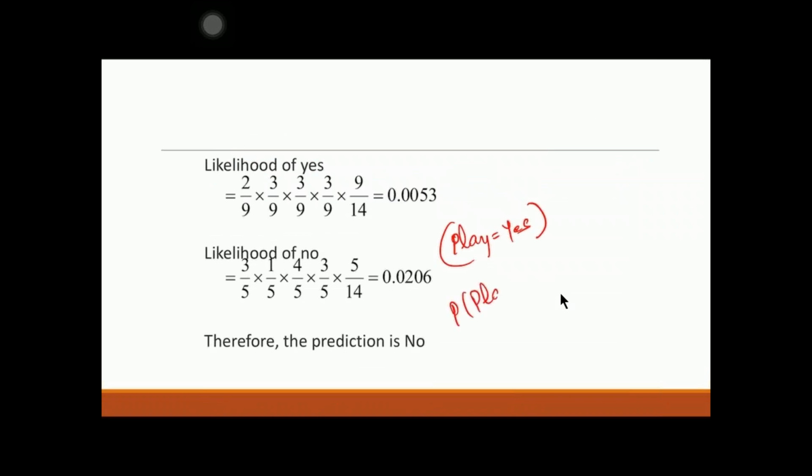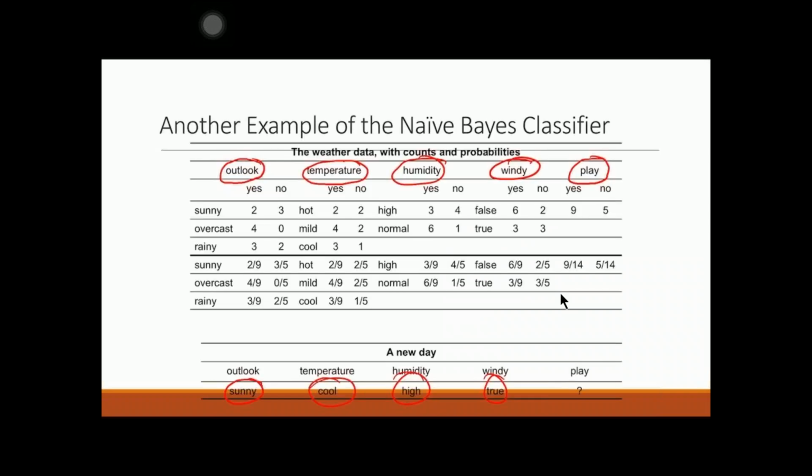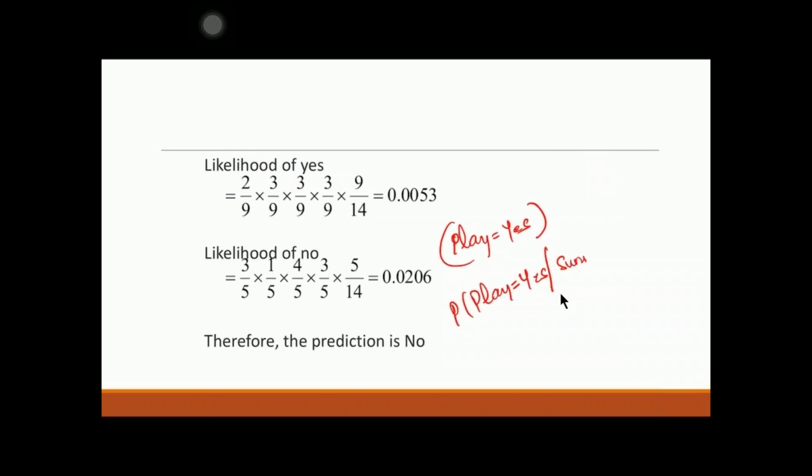So probability of play equal to yes given sunny, cool, high, true equals probability of sunny given yes into probability of cool given yes.